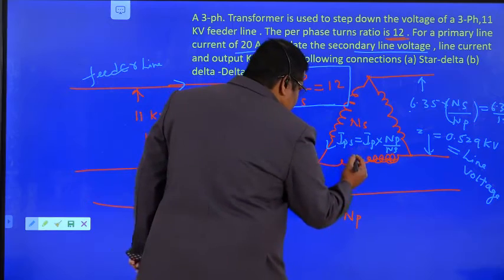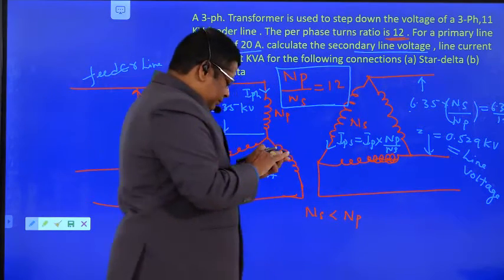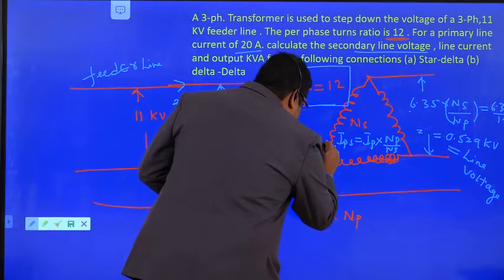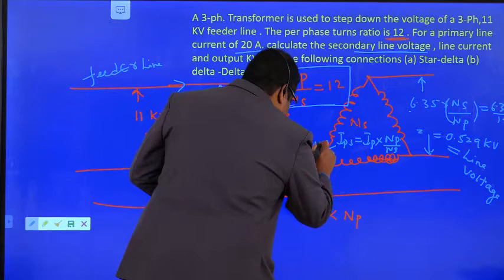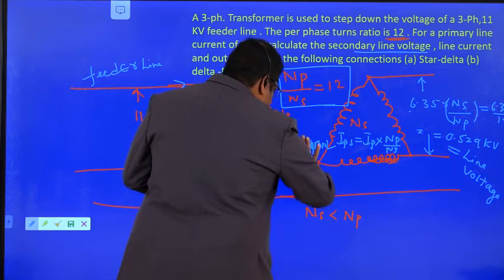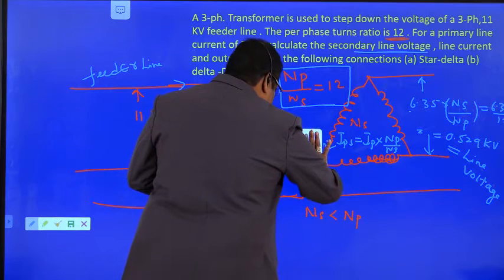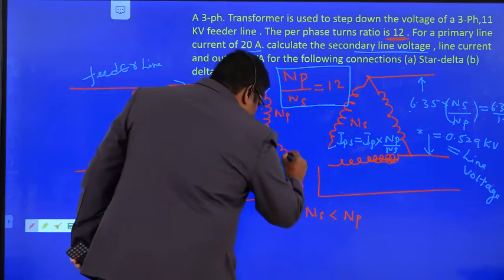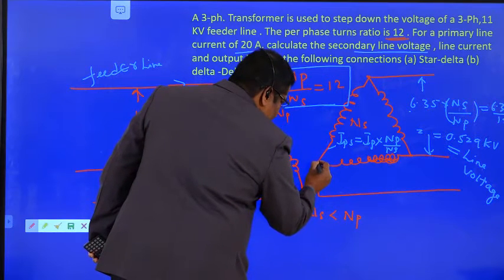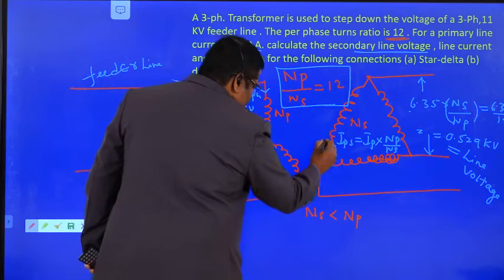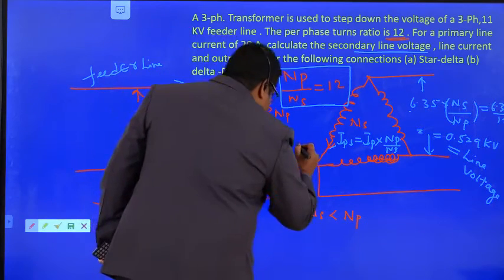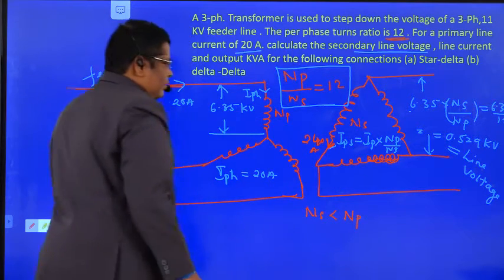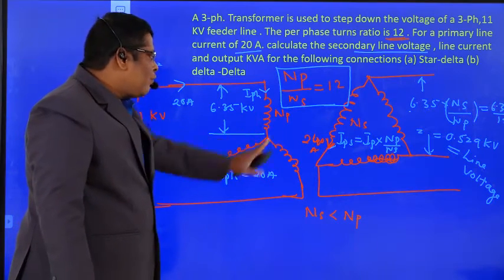So the secondary current is equal to 20 into 12, 240 amperes. The per phase secondary current is 240 amperes.